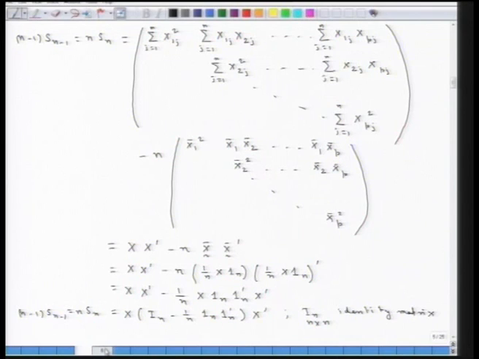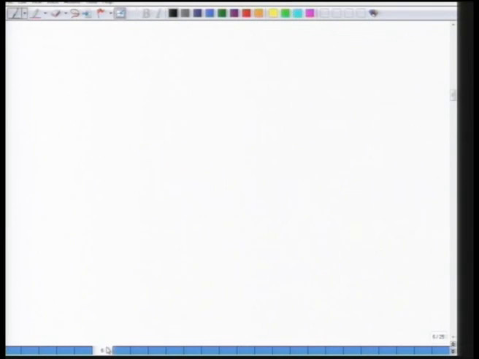Now an alternate form of this sample variance covariance matrix is also sometimes useful. We'll just write that n minus 1 Sn minus 1, n times Sn, that we have derived as x transpose into x bar transpose.